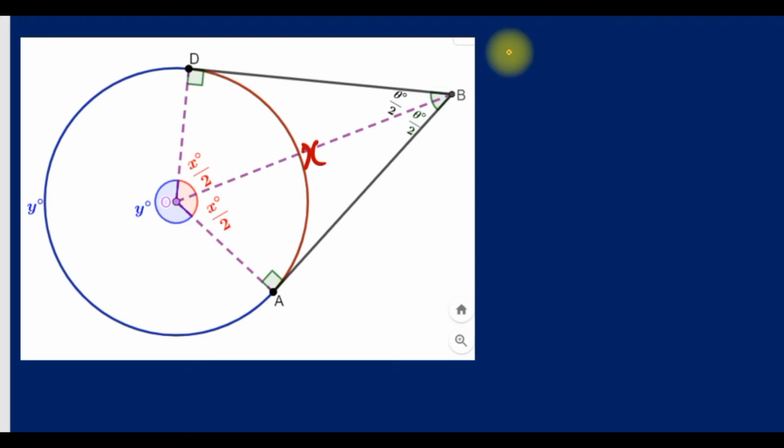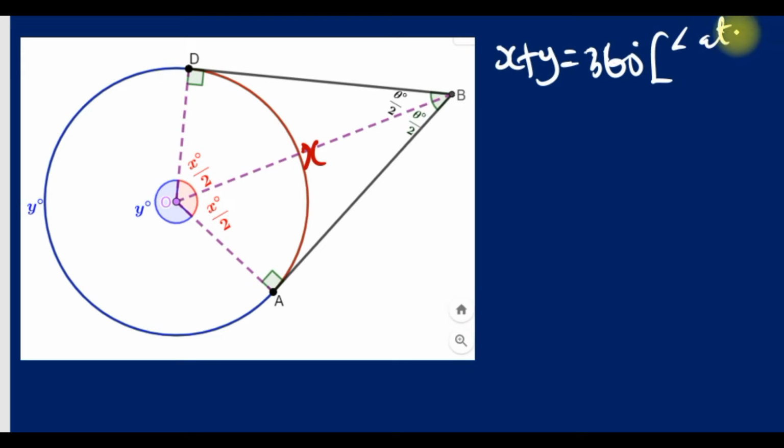The first thing we'll notice from the diagram is that x plus y is 360. So the first equation is x plus y is equal to 360 degrees, angle at a point. If you sum it, it must be 360 degrees.